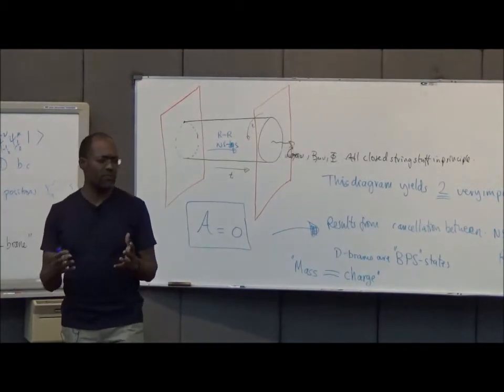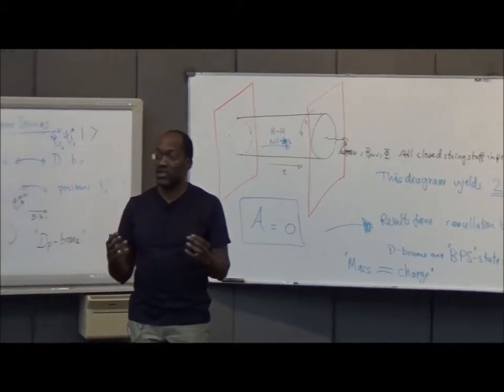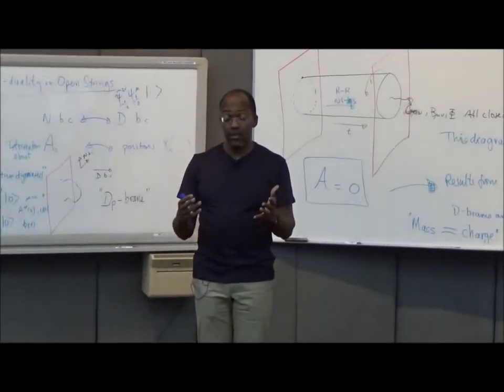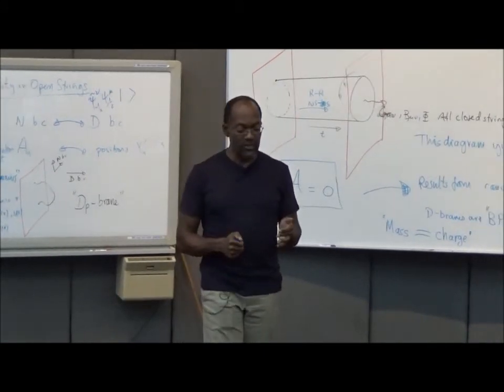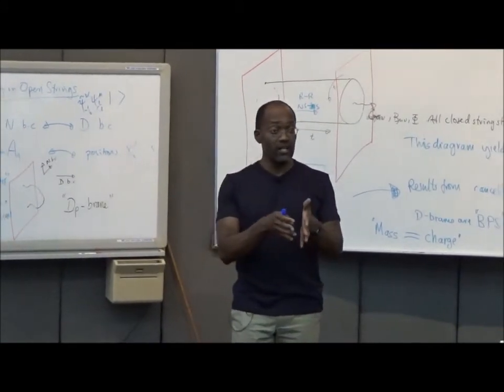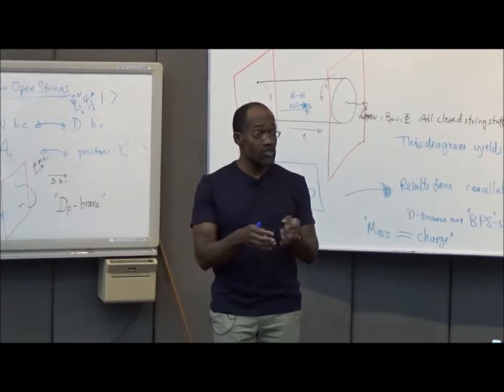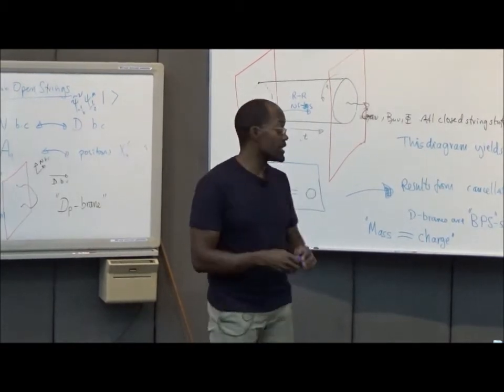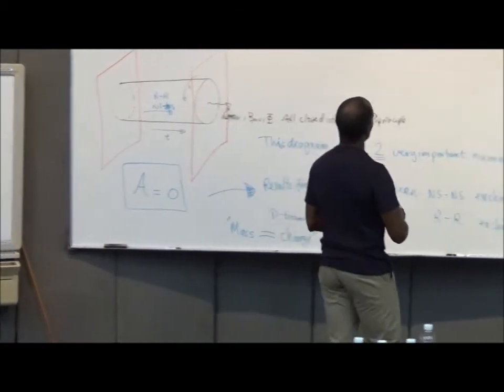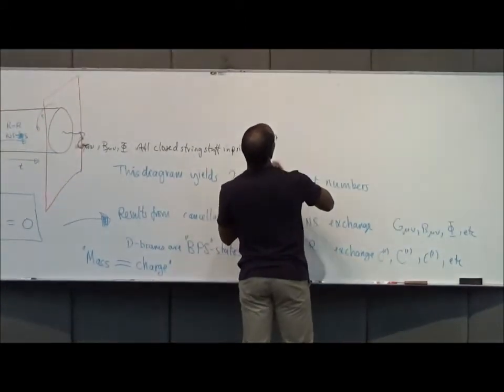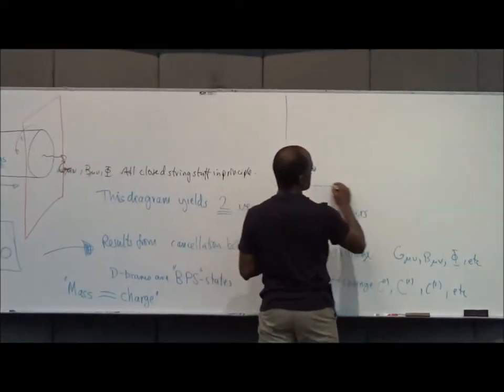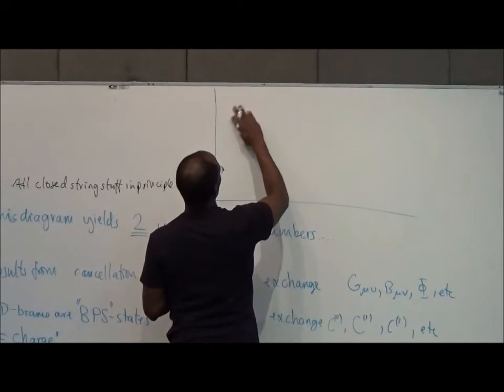You've all done some version of general relativity and maybe studied black holes, right? A really nice example is to study the Reissner-Nordström black hole, which is a charged black hole, in a supersymmetric theory.